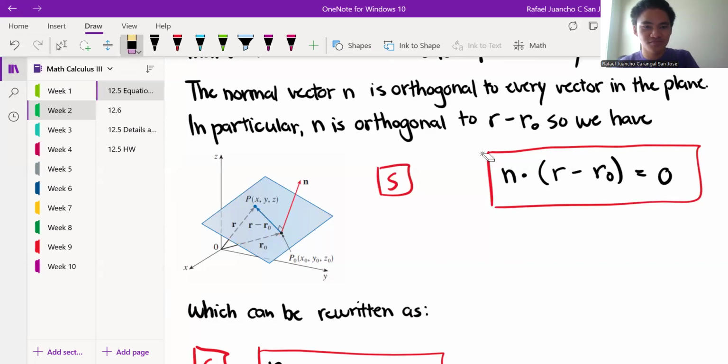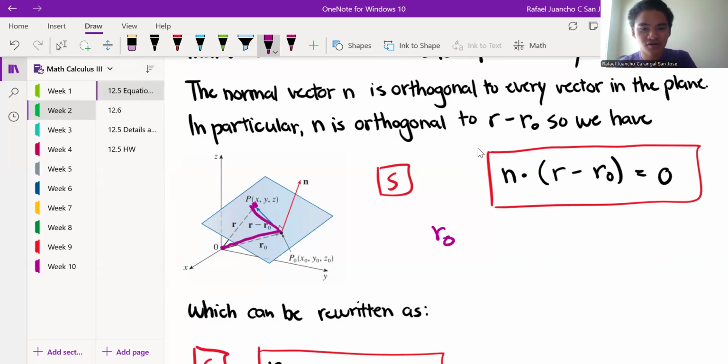Which makes sense, right? If we do vector addition again, which we did about a week ago, if we go from the origin to here, we can do this r naught.